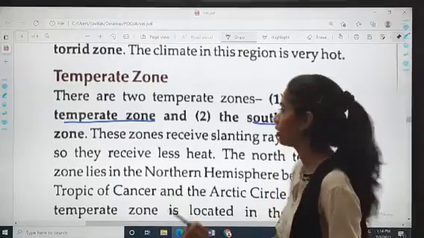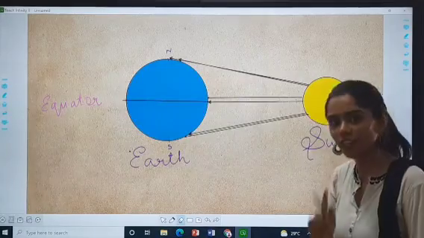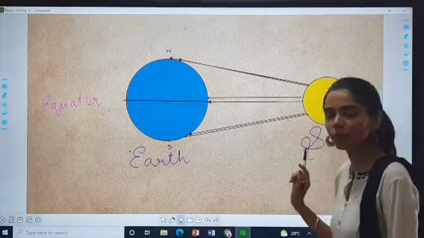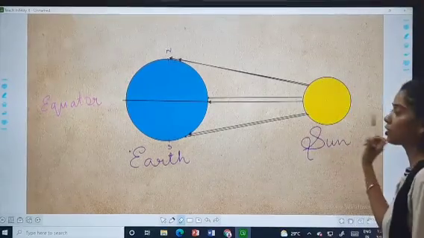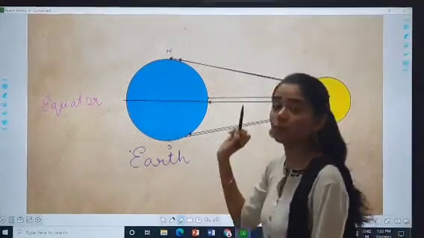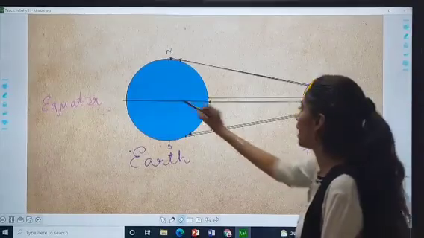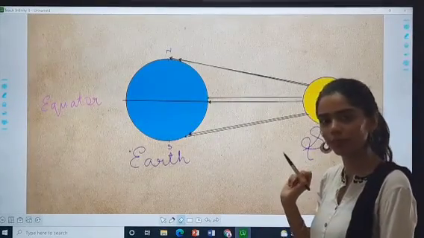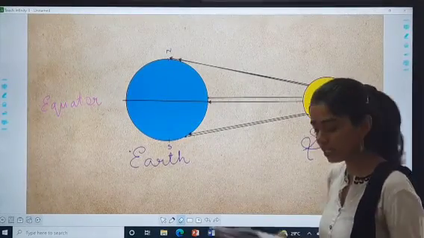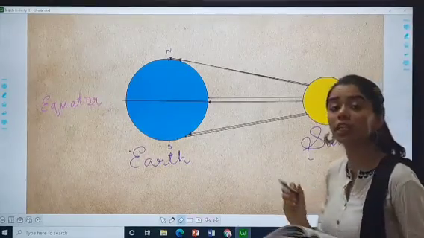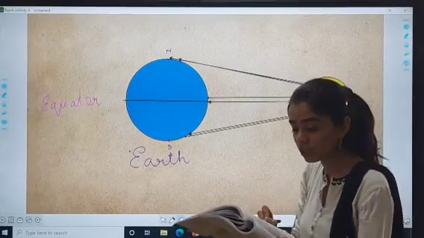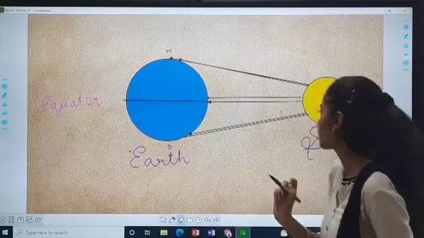Now see, for example, look at this diagram. What do you see? This is your sun, this is the planet Earth, and this is the equator at the center. Now what did we read? These zones receive slanting rays of the sun, so they receive less heat.